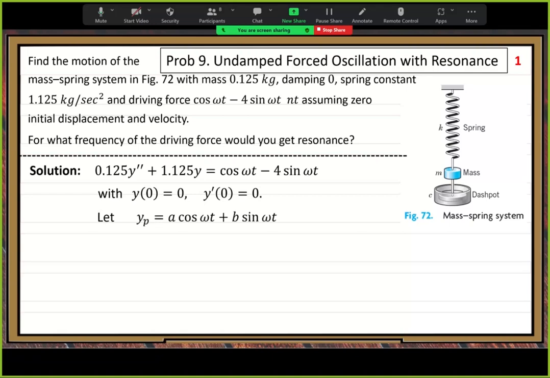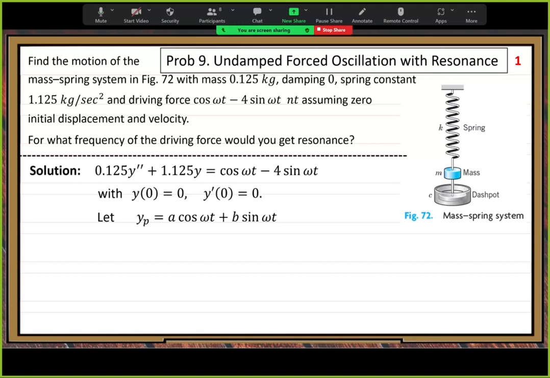First, do you know why we choose this special pattern for the particular solution? When you look at the right-hand side function, cosine, sine, our particular function should have a similar structure. So it is natural.